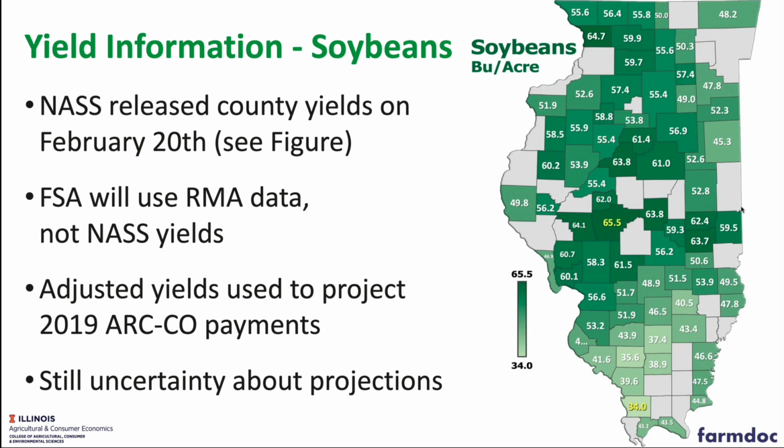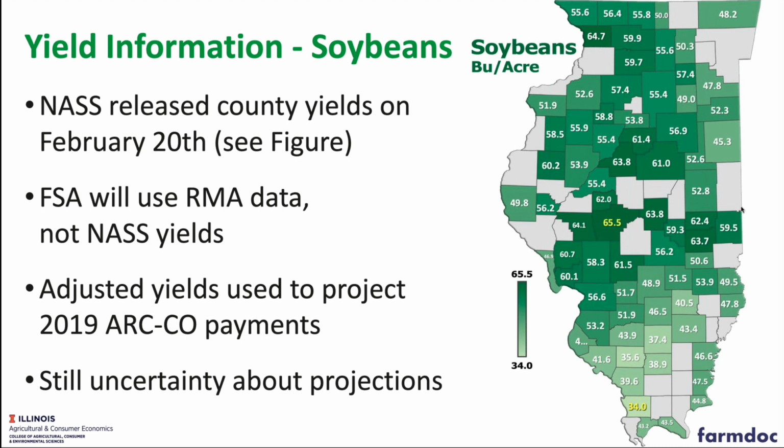Here are the yields that are reported for soybeans across the state. These are all non-irrigated soybeans for yields. These are reported by NASS. FSA will use RMA data, not NASS yields, and we adjusted yields used to project the 2019 ARC County payment.